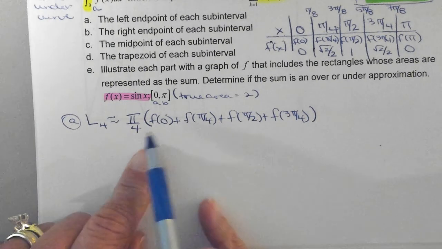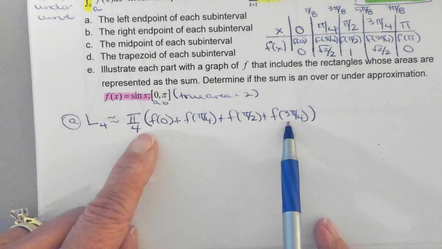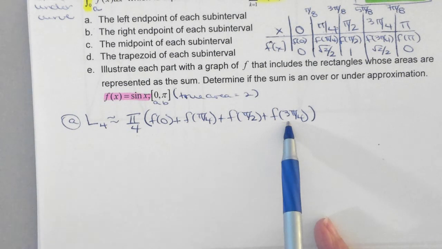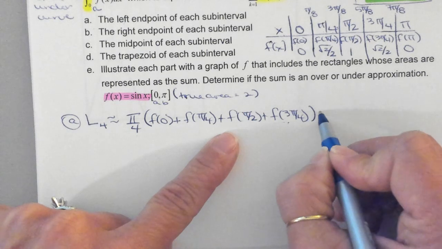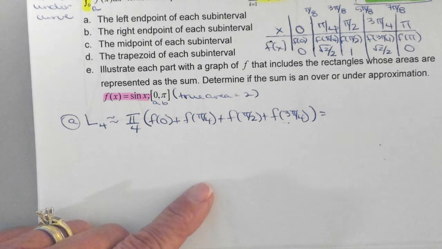It happens. If you put this setup on the AP or the final exam or even on the test, but you make a calculation error, you will not lose all the points. Do you see what I'm saying? This is the setup. Now, when I plug in the actual values, if I make a calculation error, at least I have a couple points. I'd rather have a couple points than none. Agree? Okay, so here we go.